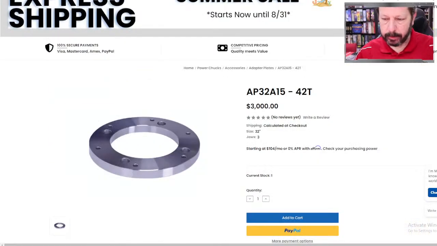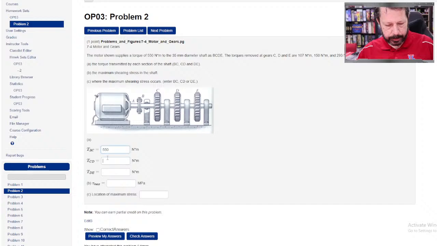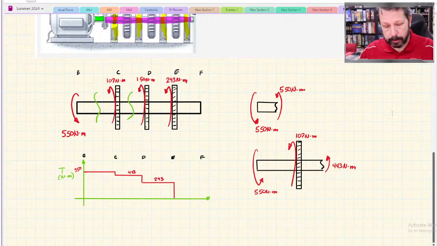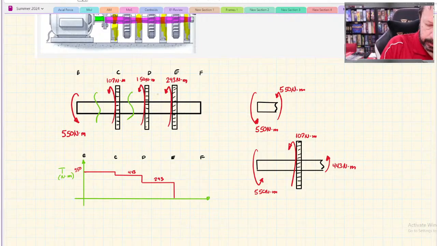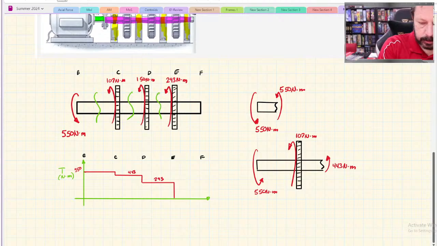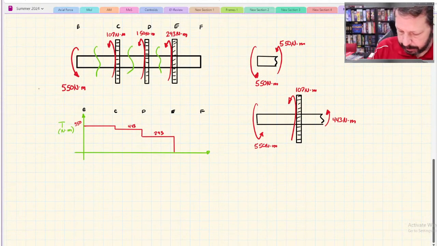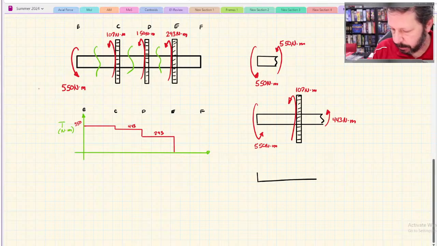Let's see, 443. Oh, wait, we're going back to here. We should have 443 here. And then in section DE, we have 293. We could go in, cut this guy open, draw the free body diagram, and it would look something like this.